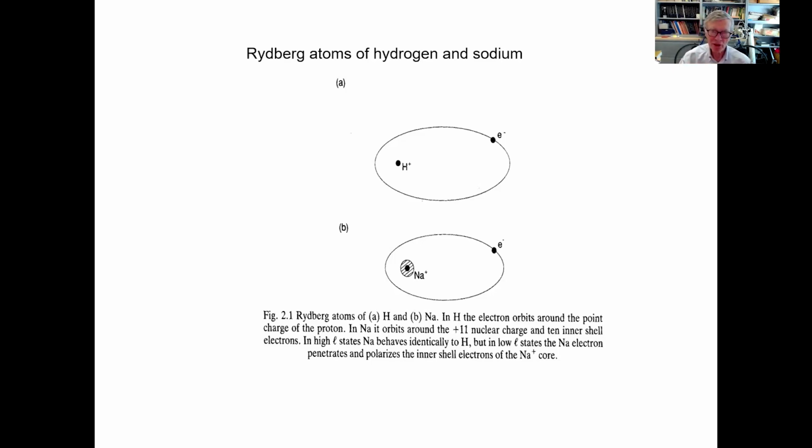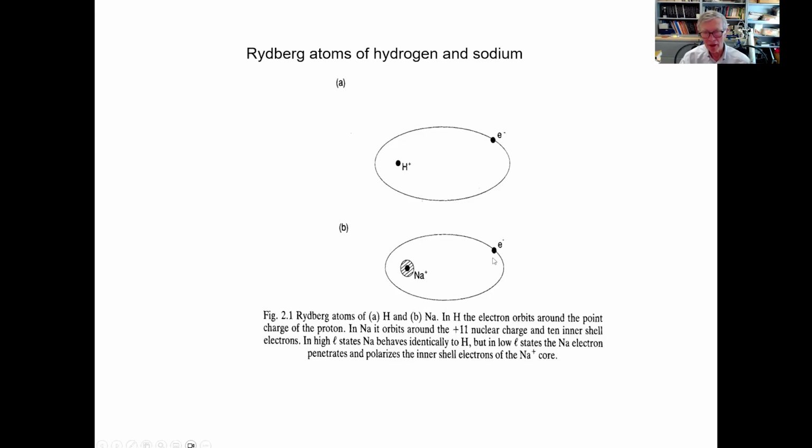So as long as this electron in sodium is way out here, it doesn't really notice the difference between sodium plus and a proton. But if the electron comes close to the core, it can sense the fact that it's not just a point charge.